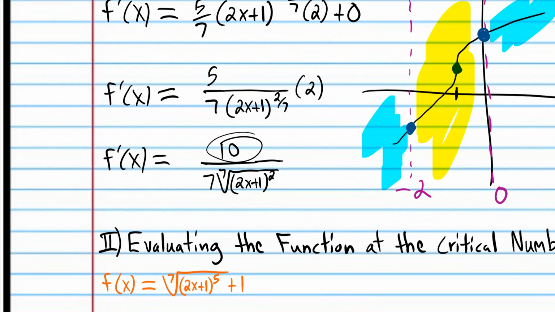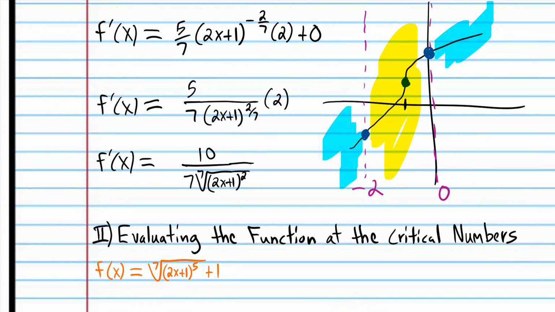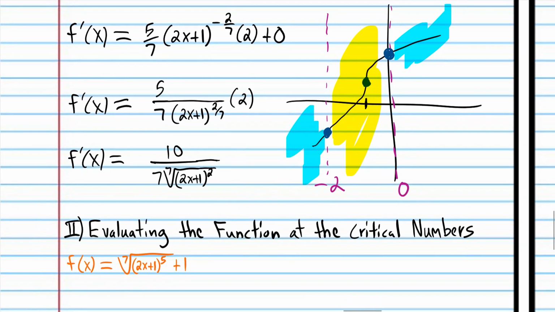Now we can see that nothing is going to make the numerator 0, so the derivative is not going to be equal to 0 anywhere. But the derivative is going to be undefined because, again, we have a vertical tangent line here, and the slope of a vertical tangent line is undefined.